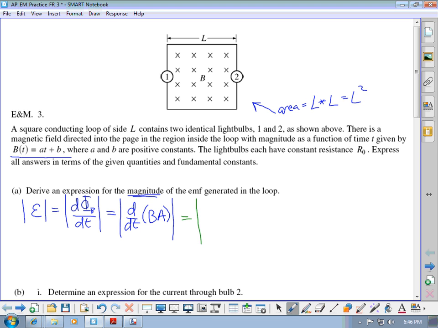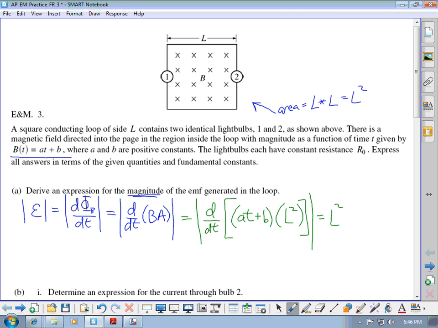So this is going to be the absolute value of the derivative with respect to time of the quantity AT plus B times the quantity capital L squared. The L squared is a constant, so I just pull it up front.